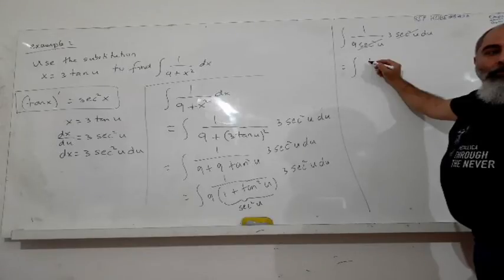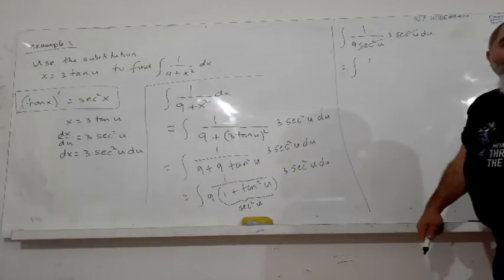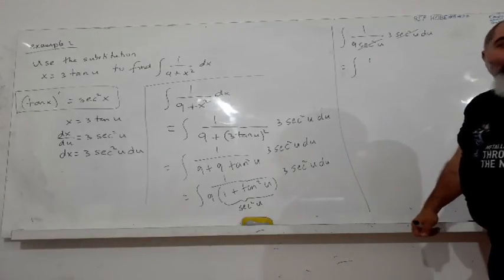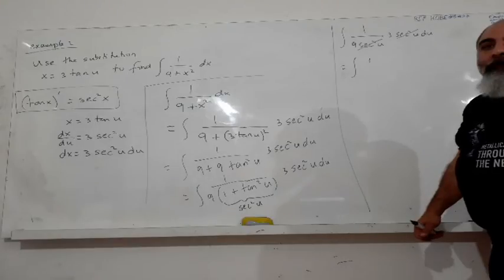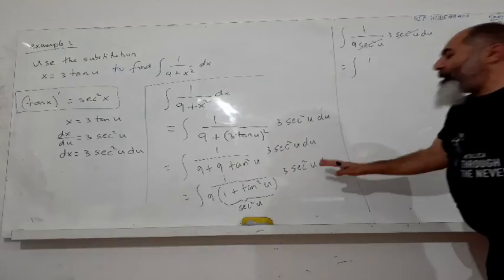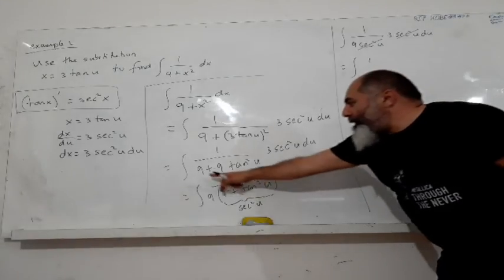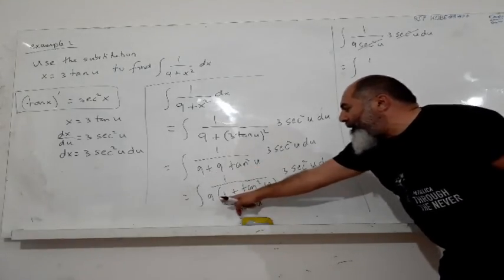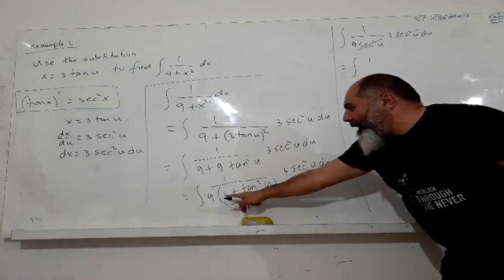I think we had a problem with the internet, so I quit a little bit for a moment, then carry on. Here, let's revise once more. I took 9 outside of the brackets. We had 1 plus tangent squared u in the brackets and the expression there.